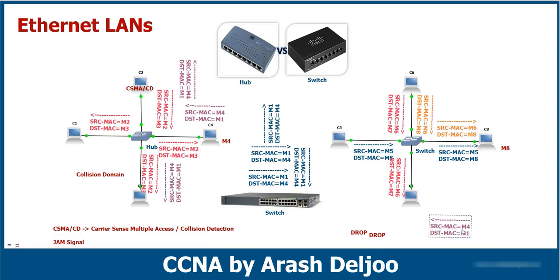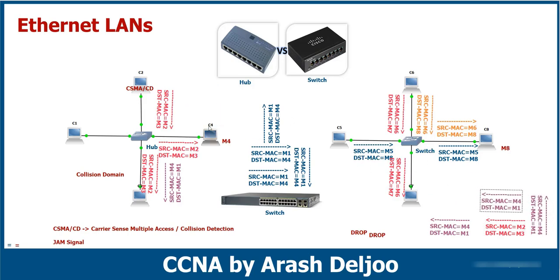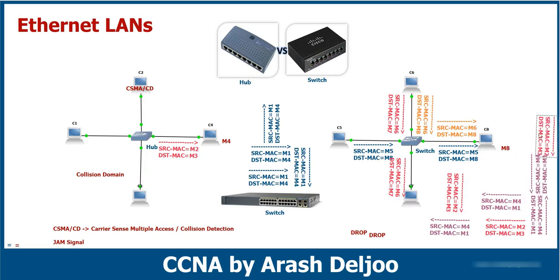After that, the traffic should be sent again. The mechanism is that the systems that detect the collision should wait for a random time. For example, assume C2 starts a down counter from 1 second, down to a lower value in milliseconds, and then to 0. This is a down counter.